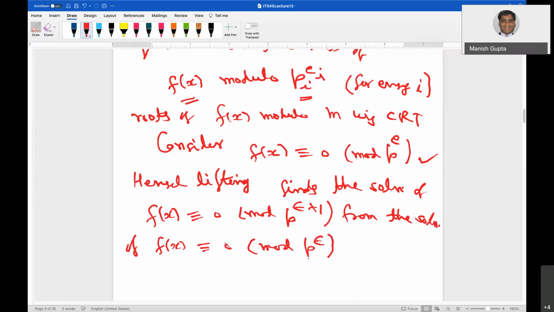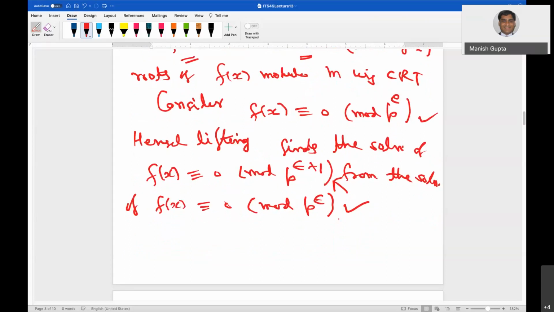So if we know the solution of this equation, we can find the solution of this equation. That is what the procedure known as Hensel lifting is, right? If a polynomial is given and we know its roots modulo p raised to power epsilon, where p is a prime and epsilon is a positive number, then I can find the solution of the polynomial modulo p raised to power epsilon plus 1. Okay, and this is what I am going to describe to you.